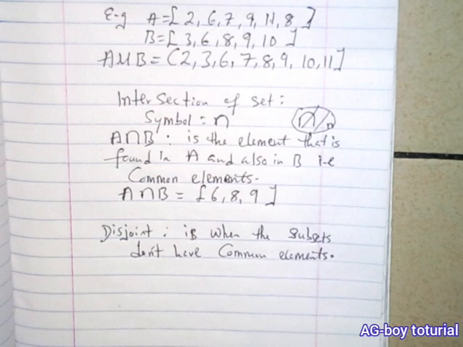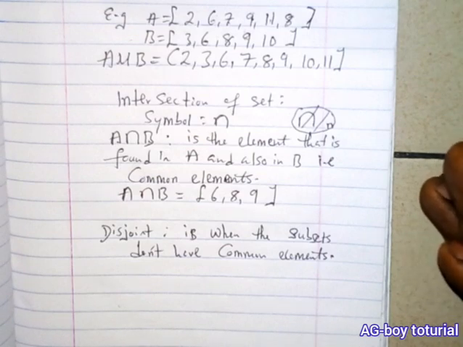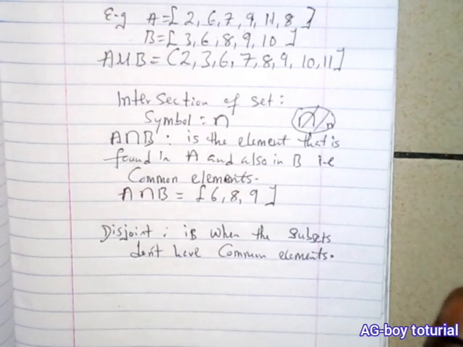When the subsets don't have common elements, that is called disjoint. Understand?